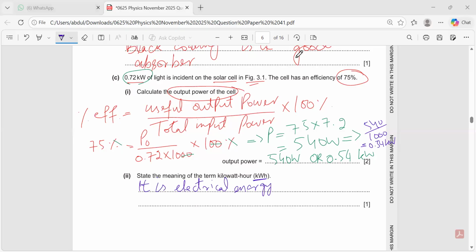It is electrical energy transferred by a 1 kilowatt electrical appliance in how much time? In 1 hour. That's what kilowatt hour means.